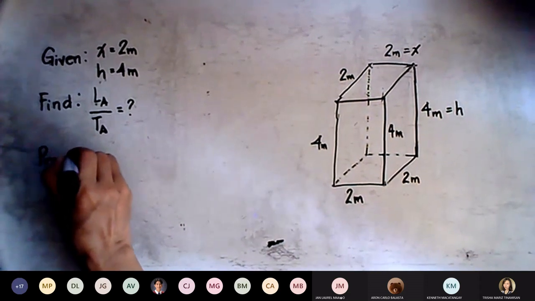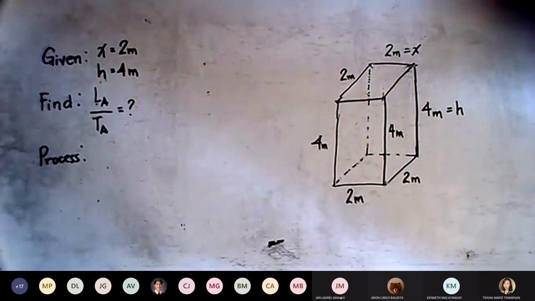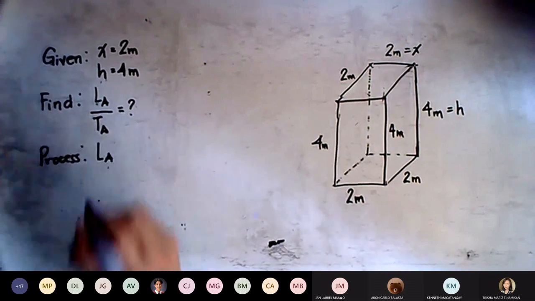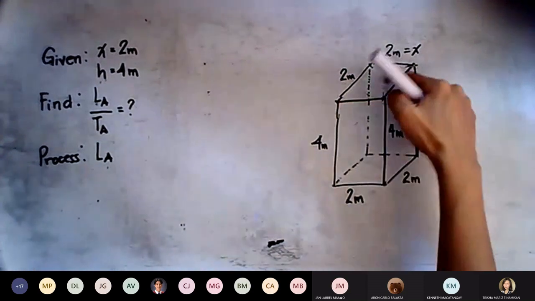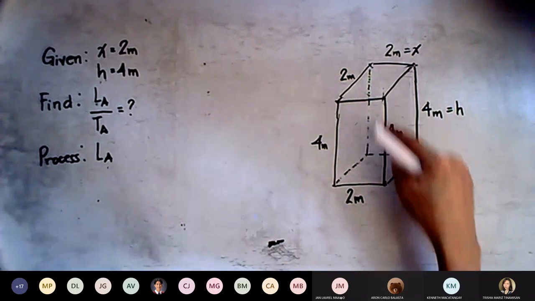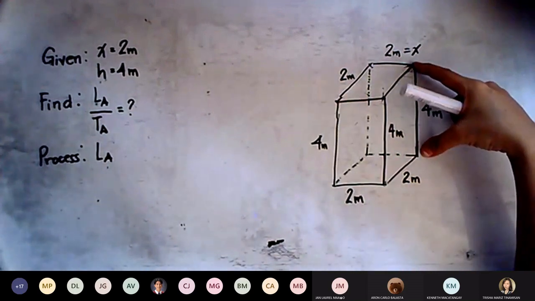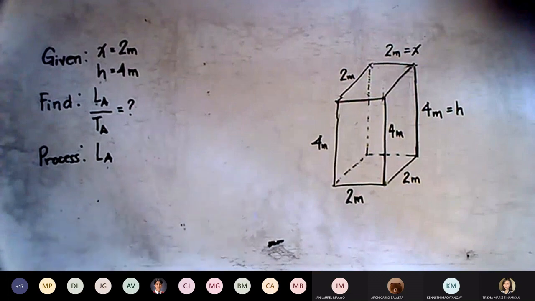Therefore, we need to find first the lateral area. How do we determine the lateral area? Remember that we have 4 lateral faces, and the area of each lateral face is this height multiplied by this length x.